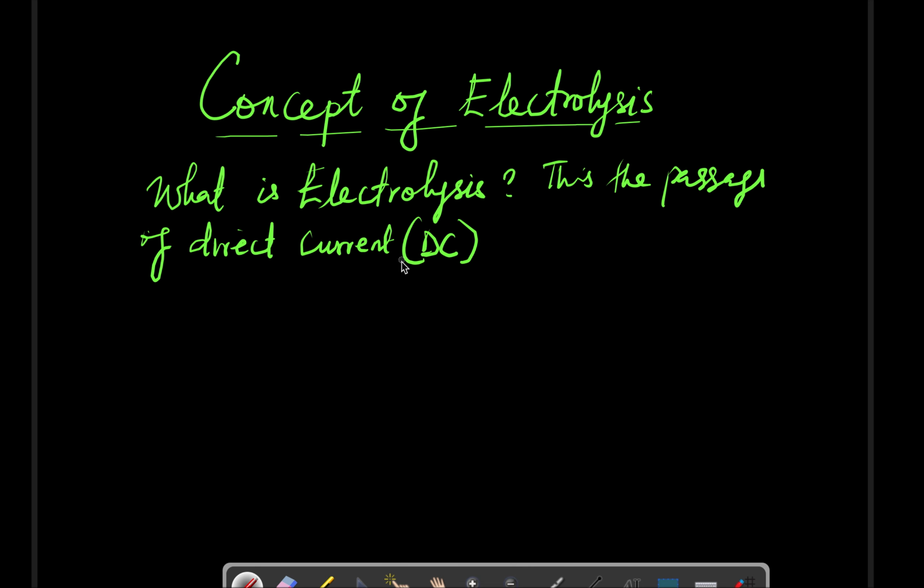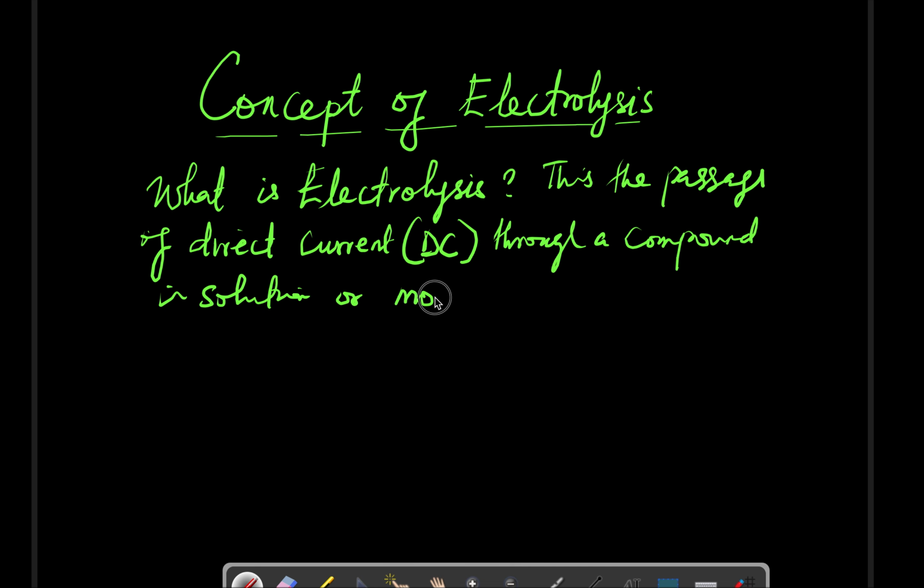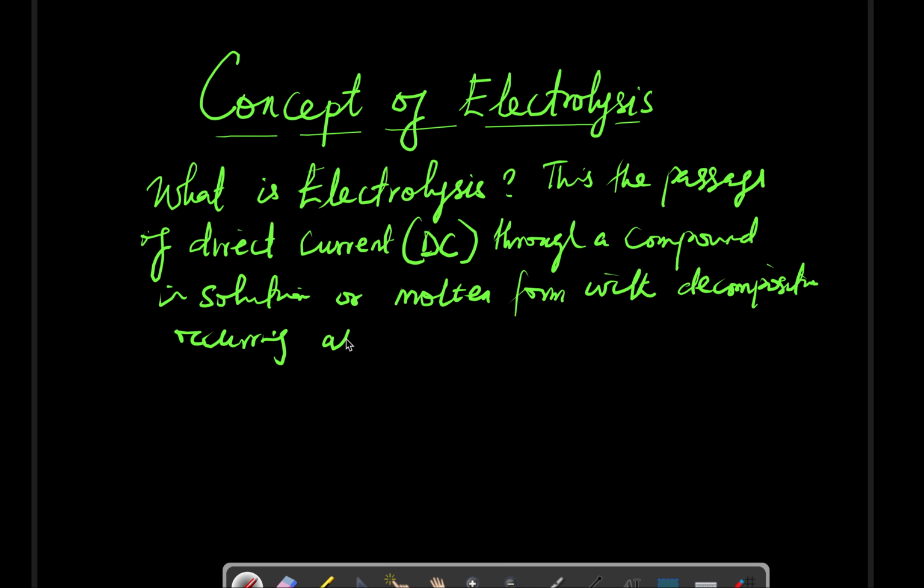So it is the passage of direct current through a compound in solution, or sometimes we call it molten form, with the decomposition occurring at the electrode.